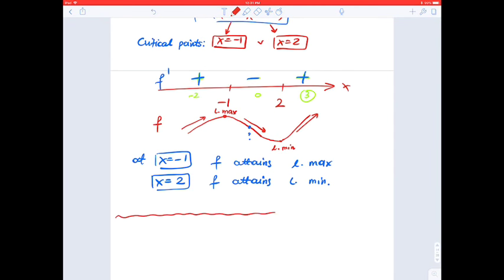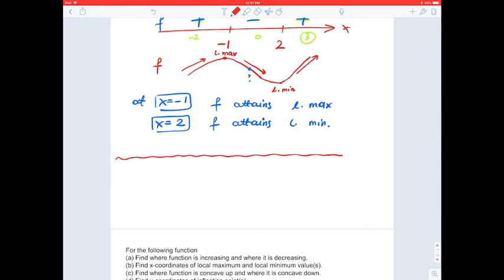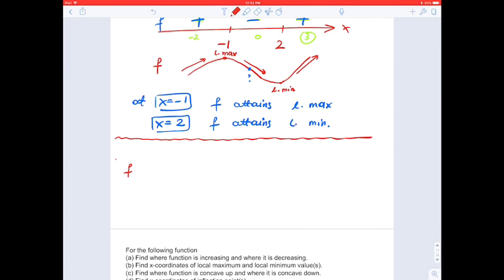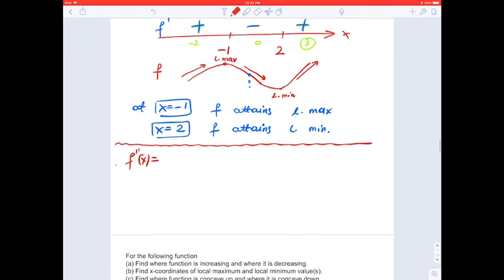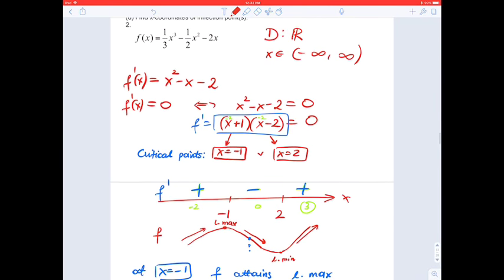Now let's test the concavity and inflection points. For the concavity, I need a second derivative. The first derivative is x squared minus x minus 2.